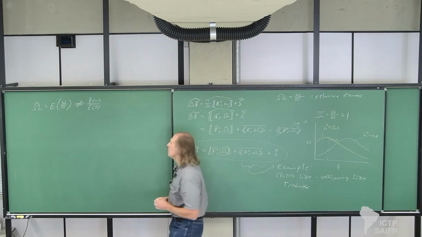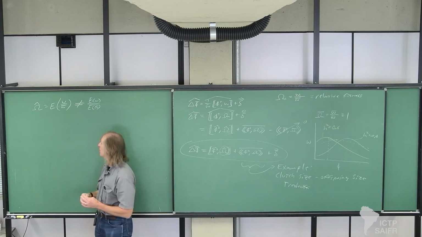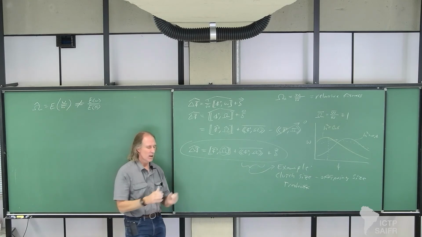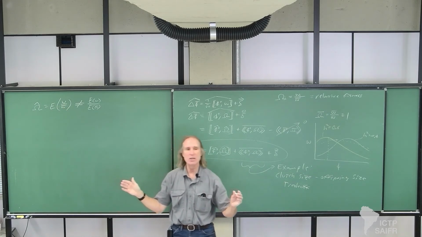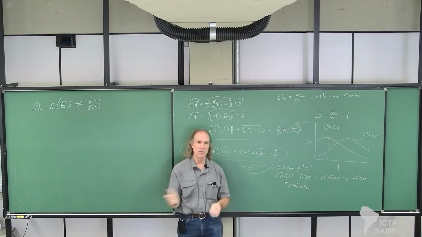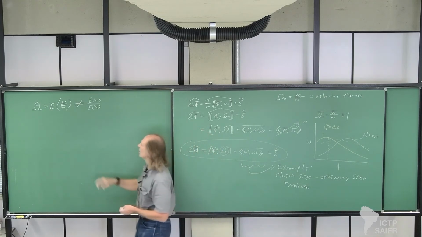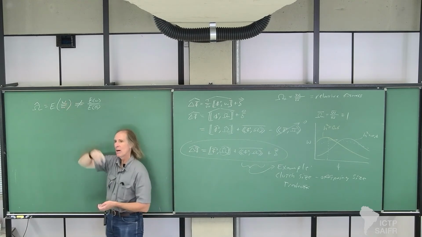And how to deal with this, the simplest way is to expand W over W bar as a series. I originally did that using Taylor's theorem, just expand it as a Taylor series. And you can do that in such a way that you get W bar in the numerator.